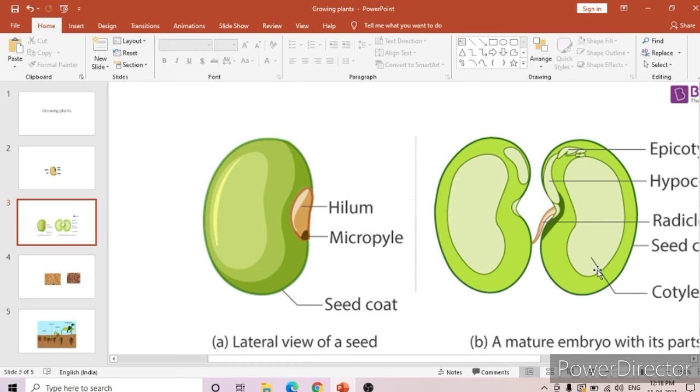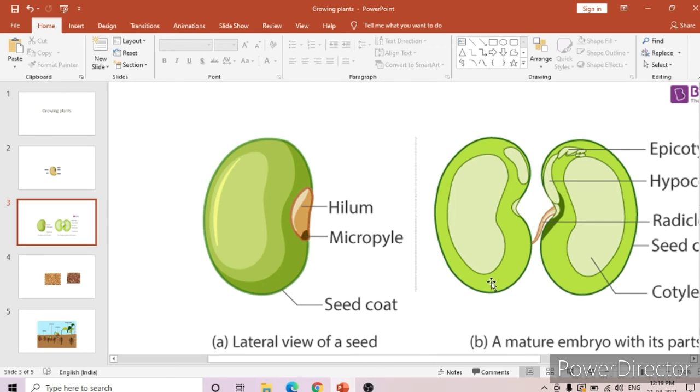You can open this into two parts equally. Groundnut, peas, and beans are examples of dicot seeds. In dicot seeds, two cotyledons are present, and as usual, the seed coat is also present, and near the scar, the embryo is also present. And these two cotyledons will supply food for the growing embryo.